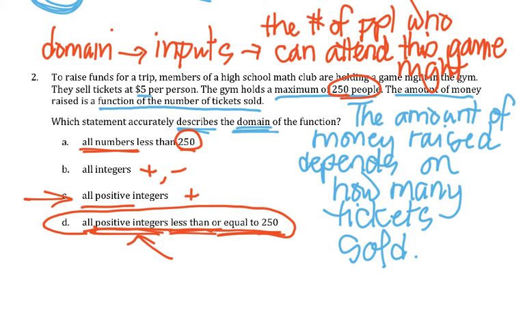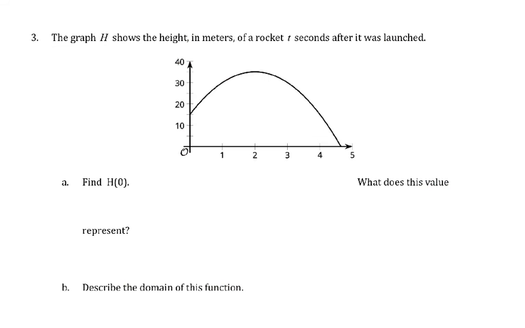But I can't have more. All right, so this is why it is D. It is D. And hopefully I've explained it in good enough detail for you as to why I selected that one. All right, next one. The graph H shows the height in meters of a rocket T seconds after it was launched. All right, so take a look.